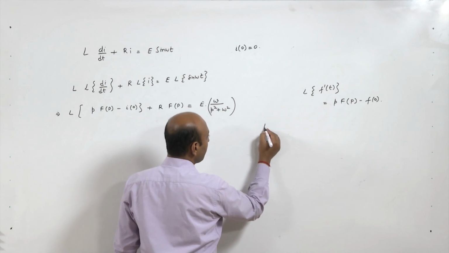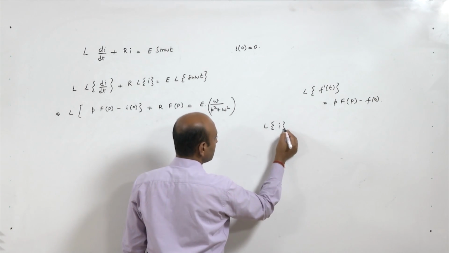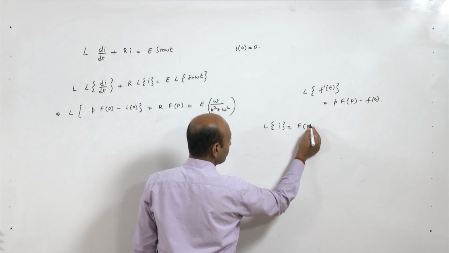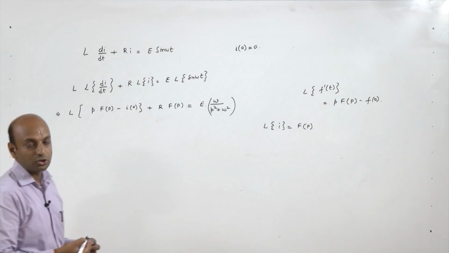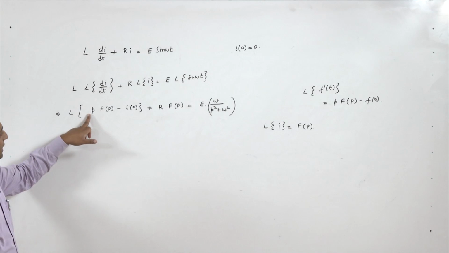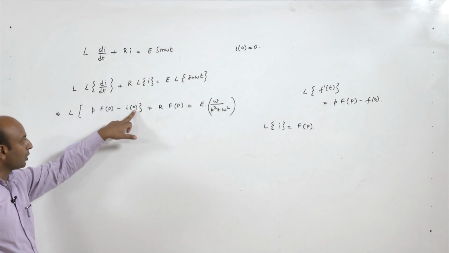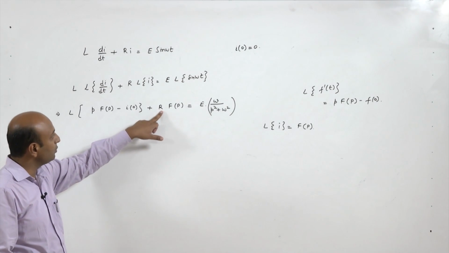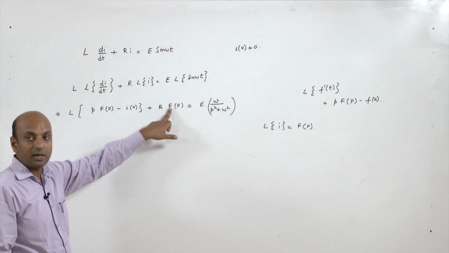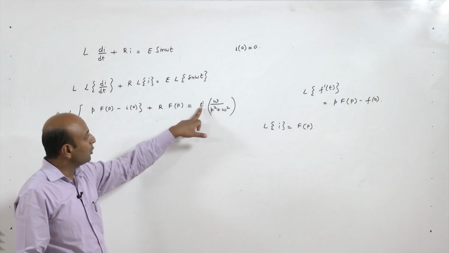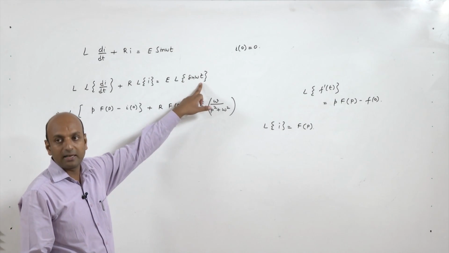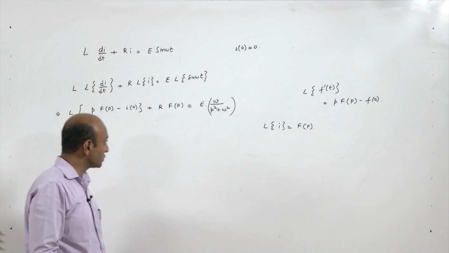I am assuming the Laplace transform of I as F(p); you can call it some other function also. So, it is p into the Laplace transform of I, which I am calling F(p), minus I(0), plus R into F(p), equal to E into omega upon p square plus omega square.